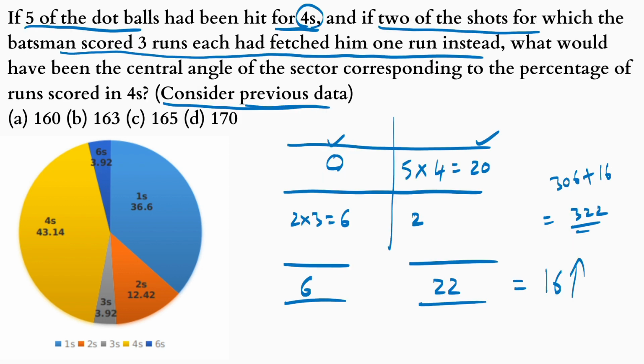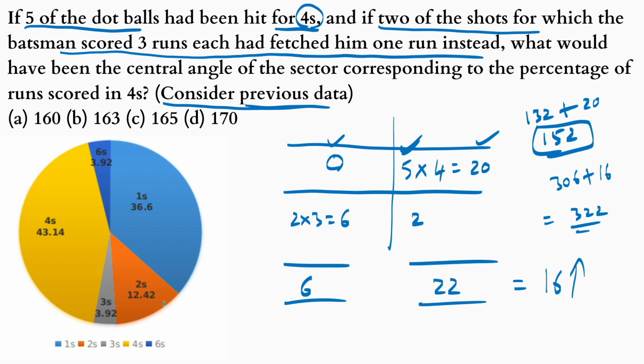So 132 previously, plus now he hit 5 fours, which resulted in 20 runs additionally, right? So 132 plus 20, this will be equal to 152. He scored 152 in the form of hitting 4 boundaries, right?